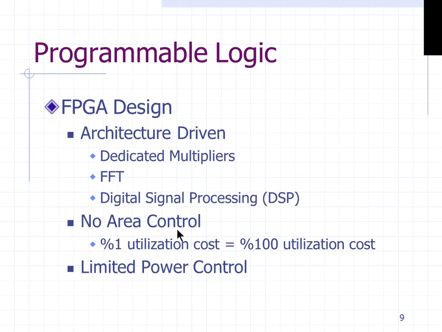With an application specific IC, you first design the ASIC, you get the area requirement, then you manufacture it only for that area. So there is area control over the chip. You don't waste area on the chip. Whereas in the case of FPGA, if your design is not big enough and some part of the chip is empty, then that part is lost from an area perspective.